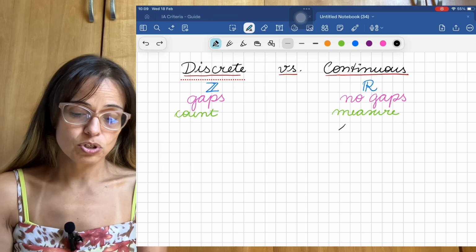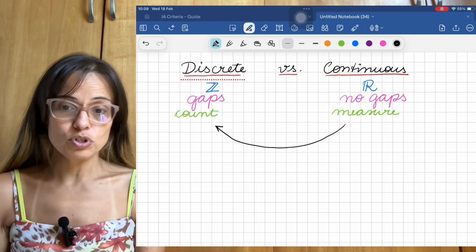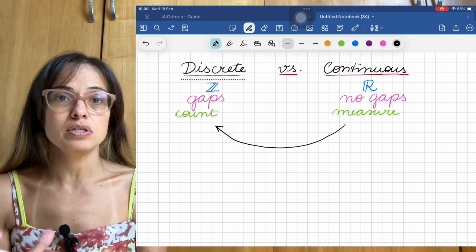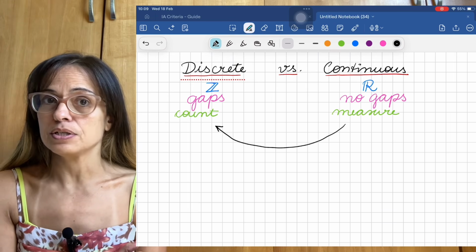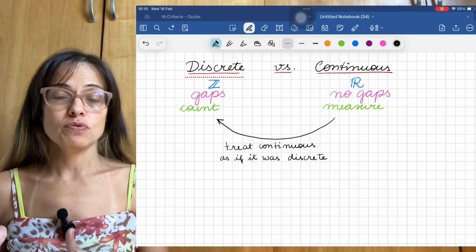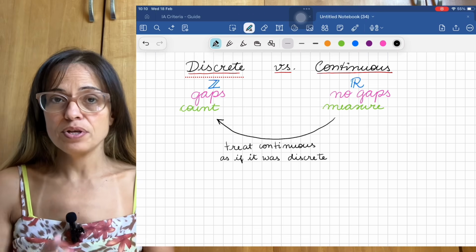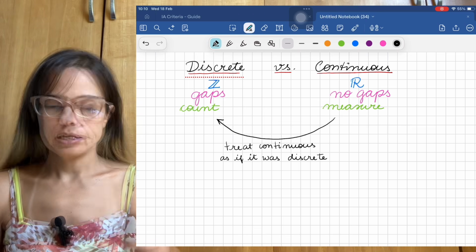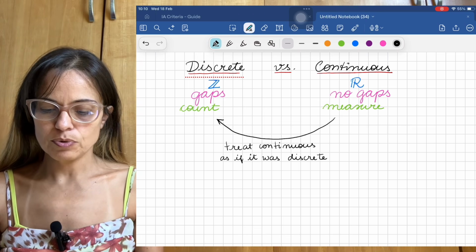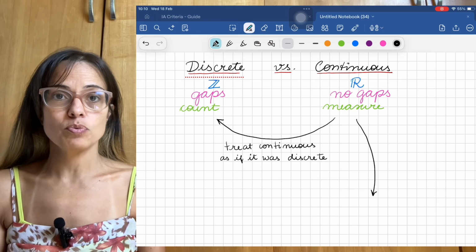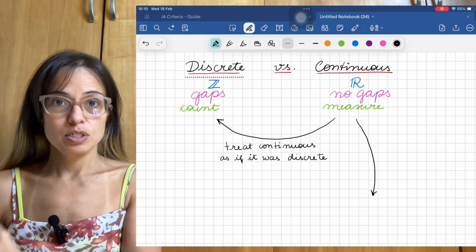One of the things that you can do is exactly what we've been doing so far. We have been treating continuous data as if it was discrete, because all of the things that I've shown you so far in this video are things to do with discrete data. And I'm going to talk to you about some things that we can do to treat continuous data specifically.